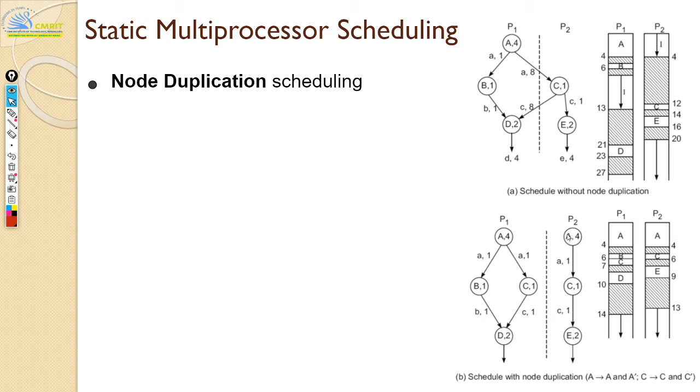They're doing a redundant operation, but if you do that, you're saving time here. So B and C are executing at the same time. They started here only, whereas this one is longer, right? So can you tell me what happened? Why is this duplication helping?